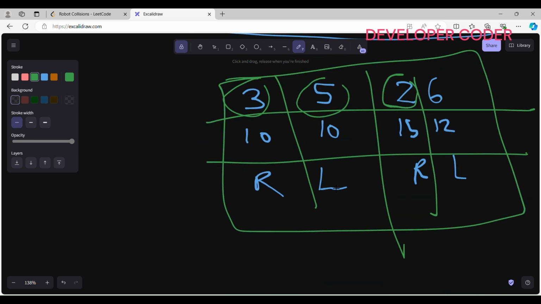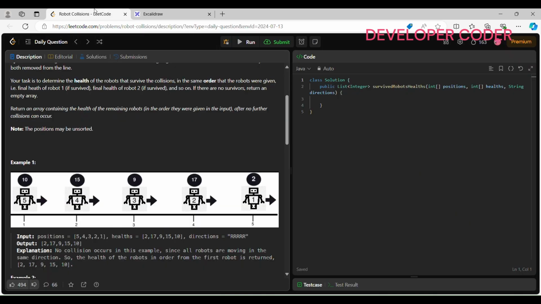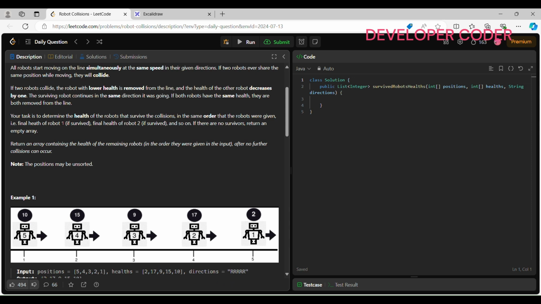Okay, and also I'm going to store their original index. So the original index is 1, original index is 2, original index is 3, original index is 4. Okay, so I have to write the original index side by side. Why am I writing this original index? So that in the end I maintain the order of the health of the survived robots.